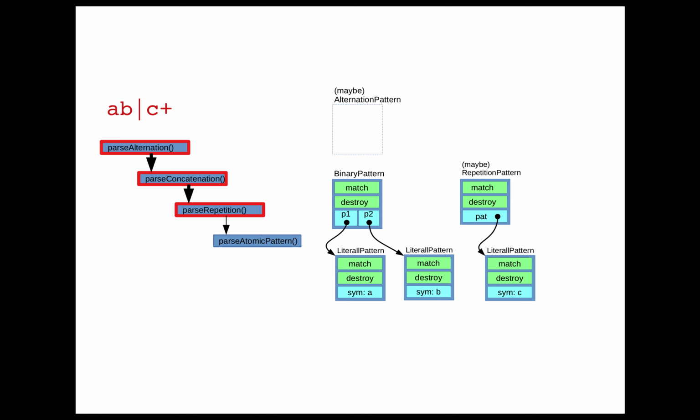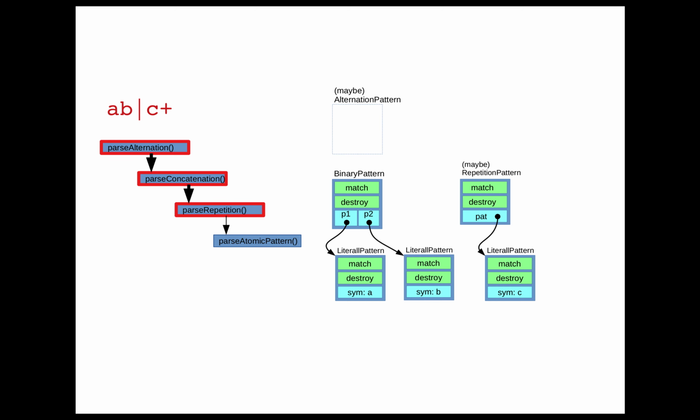So I'm going to make a pattern object that can handle, in this case, one or more repetitions of C. Kind of like in the assignment, I don't know what struct you're going to make to handle this, but maybe you're going to make a struct called repetition pattern that does the job of matching one or more occurrences of the repeated pattern, in this case, C. So I called that repetition pattern with a maybe in front of it because it depends on how you're going to do that. And then once the repetition pattern has been made, it's going to fall back to parse concatenation.